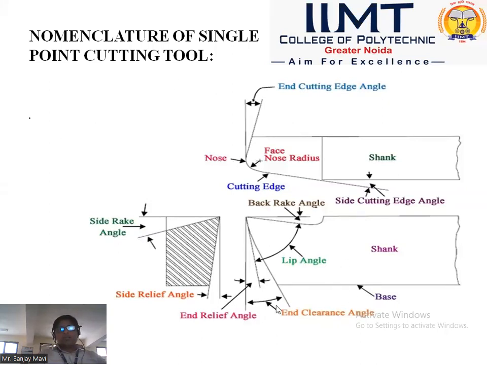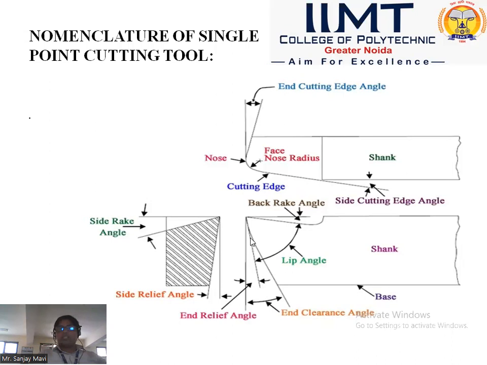This is the relief angle and clearance angle, and this is the end relief angle. These angles are provided to avoid the friction or contact between the workpiece and these flanks. So this end relief angle and clearance angle is very necessary.